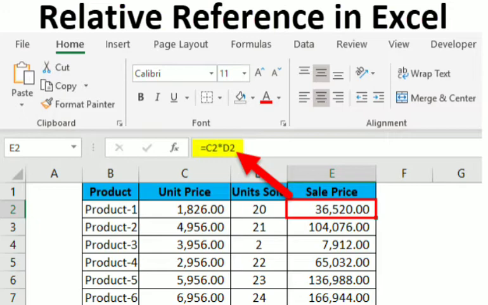Whenever we copy the formula from E2 to E7, the cell reference changes relative to the cell. That is known as relative reference. The cell address or cell reference automatically changes relative to the cell.